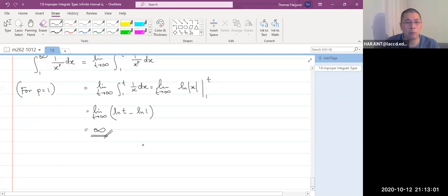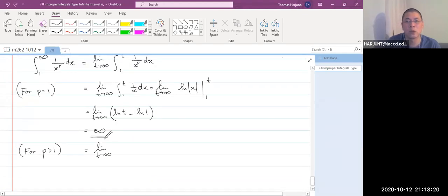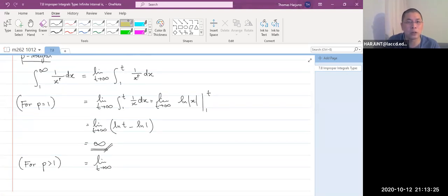What happens when p is greater than 1? For p greater than 1, then that integral becomes the limit as t goes to infinity of, I'm talking about this integral here. This one.